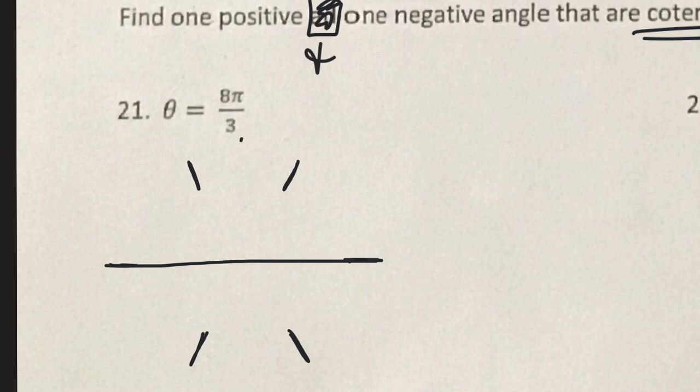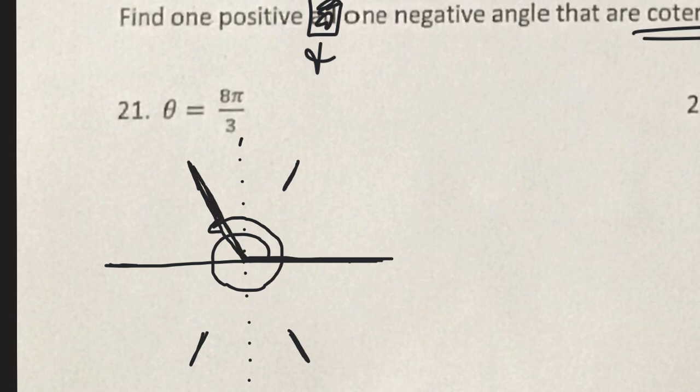So of course we have our x-axis here, but that's not part of our thirds. So we're going to count 8 pi over 3 to see what this angle looks like. Okay, so we have 1, 2, 3, 4, 5, 6, 7, 8. So this is the angle that is 8 pi over 3. One revolution around our circle plus a little bit.